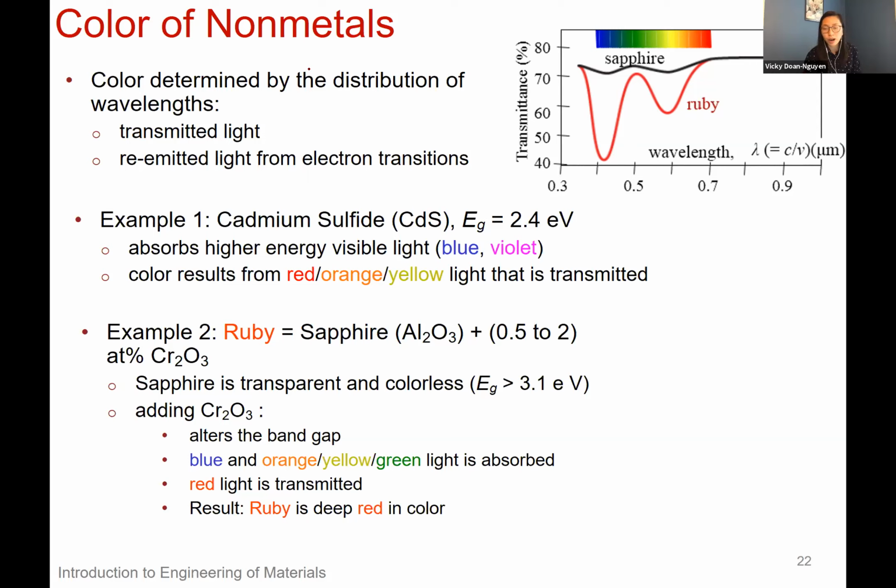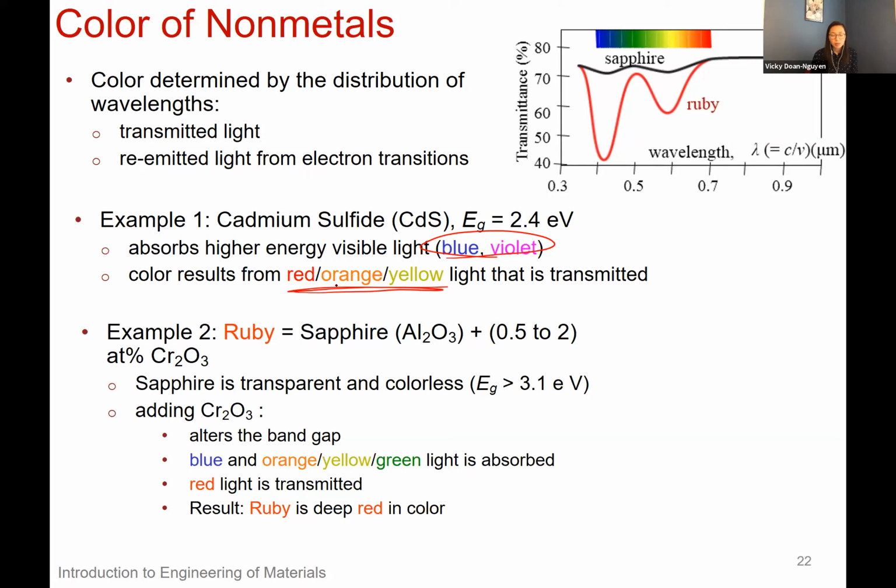As I mentioned, red was 1.6, violet is 3 eV, and so 2.4 is somewhere in between. And so it will absorb higher energy visible light. And because it absorbs these different colors, the transmitted color that you see is actually red, orange, or yellow.